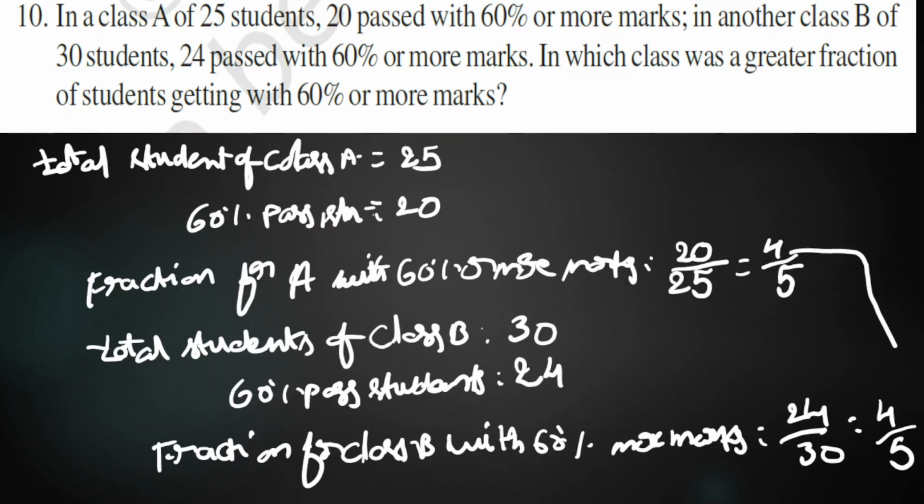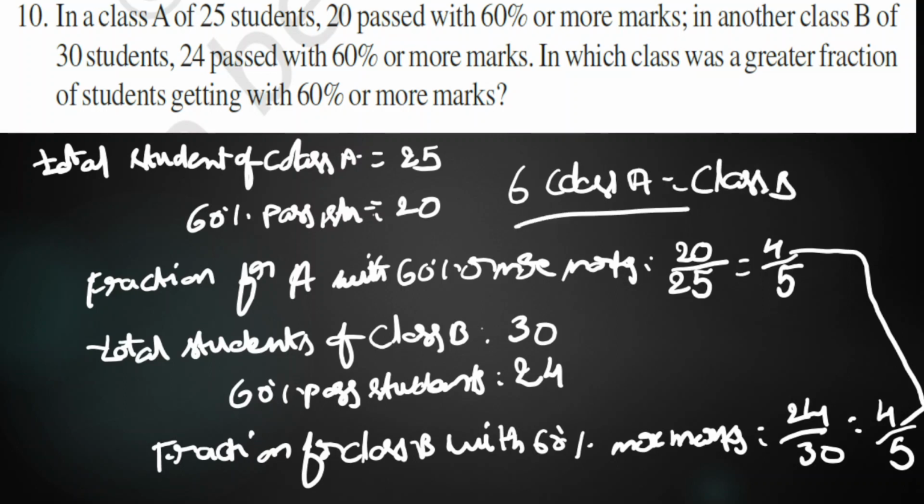So these two are equal fractions. So the pass percentage of class A and class B is the same. They equally passed with 60% or more marks.